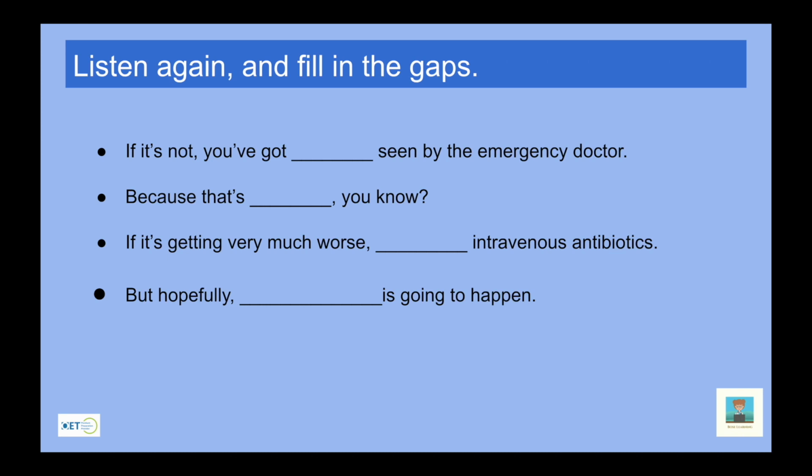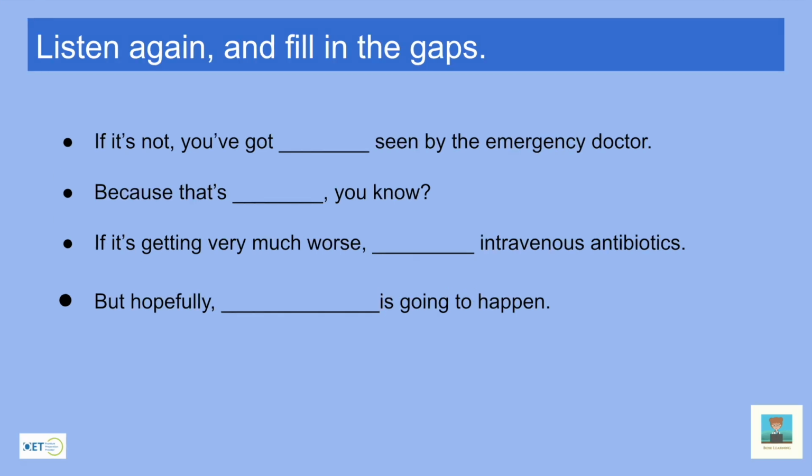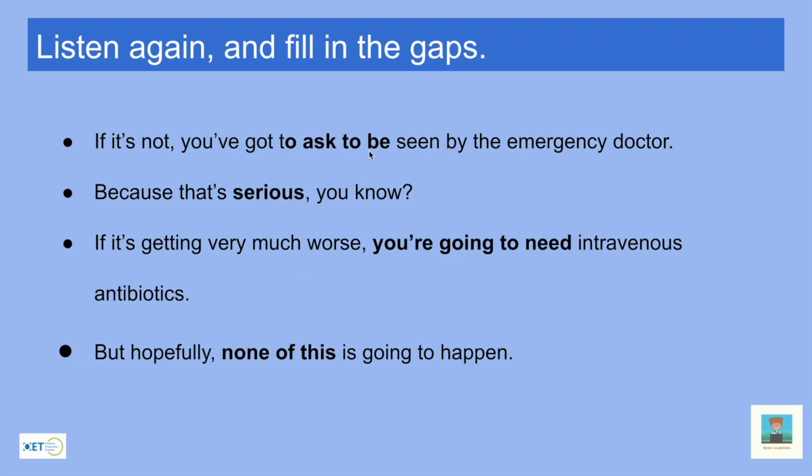Okay, great. And this time we're focusing in on that advice. If it's not getting smaller, you've got to ask to be seen by the emergency doctor. You've got to. That's quite strong. You must, in other words. You've got to ask to be seen by the emergency doctor. Because that's serious, you know? So she's emphasising it in quite black and white terms because that's serious, you know?